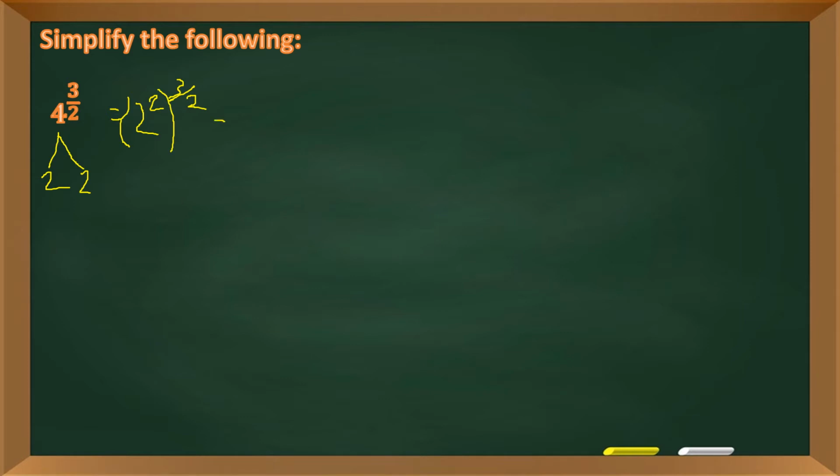And multiplying the powers, because we apply power of a power, then we have 2 raised to 6 over 2, or simply 2 raised to 3, which is 2 times 2 times 2, which is 8. So 4 raised to 3 halves is simplified as 8.